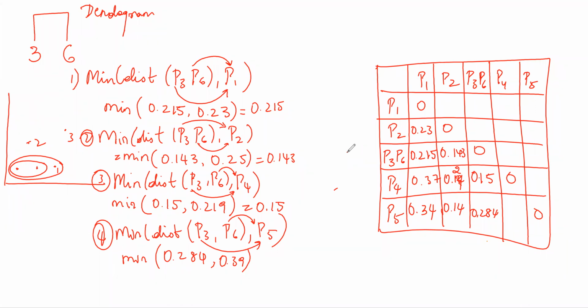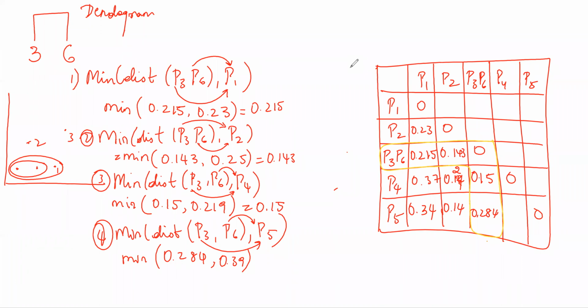From here, one thing we have to note is that we have got all the distances. Can we identify any small distance here? Which distance is very small in the given table? 0.14, which is from P5 to P2.